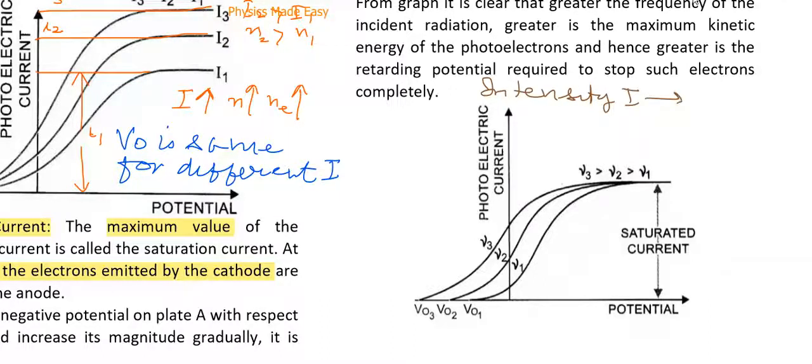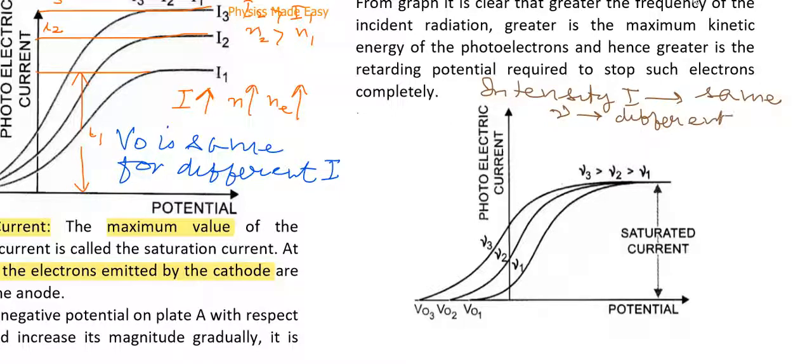Intensity I is the same. What do we vary? We set frequencies and draw the graph for different frequencies, nu different.